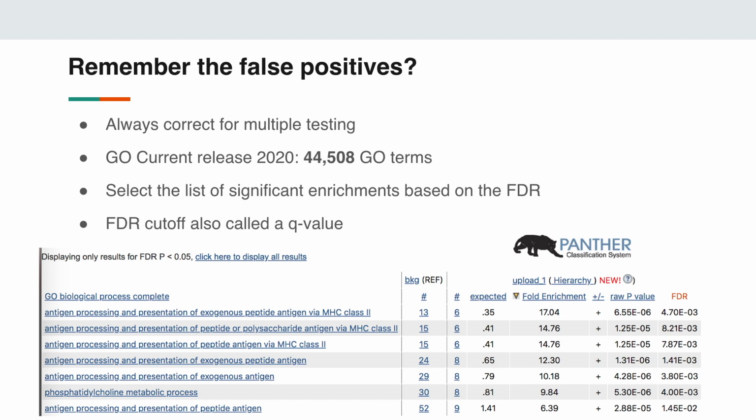So these are all GO terms from the category biological process, and in a tool such as this, and you can use different ones, including the version in the browser, you'll obtain a table giving you the FDR adjusted p-values for each particular GO term, how many genes were present in your list and how many genes were present in your background reference that belong to this pathway, what is the fraction of genes you would expect, and what is the fold enrichment in your list compared to the expected.